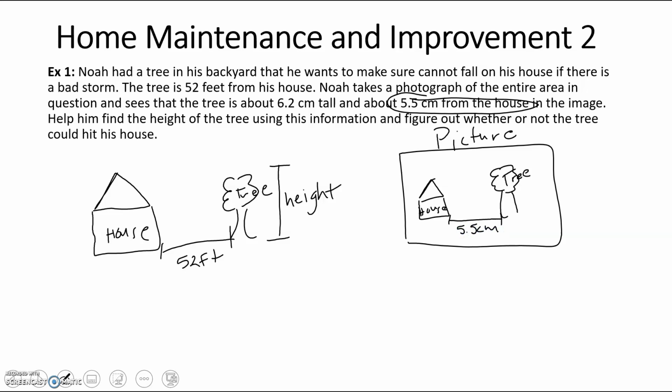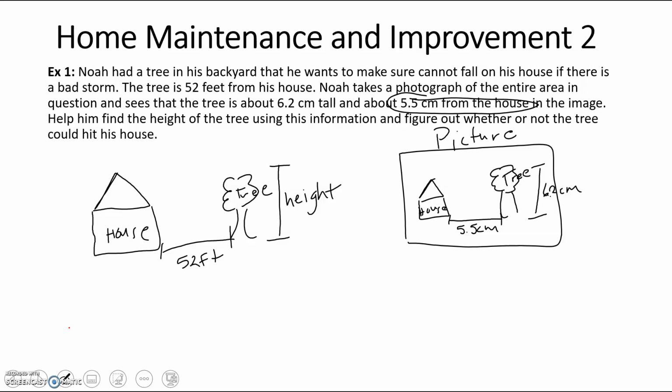And he sees that the height of the tree is 6.2 centimeters.